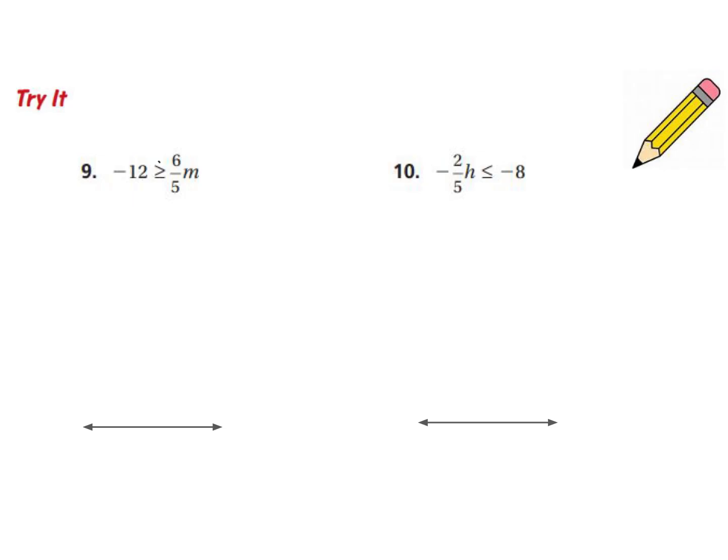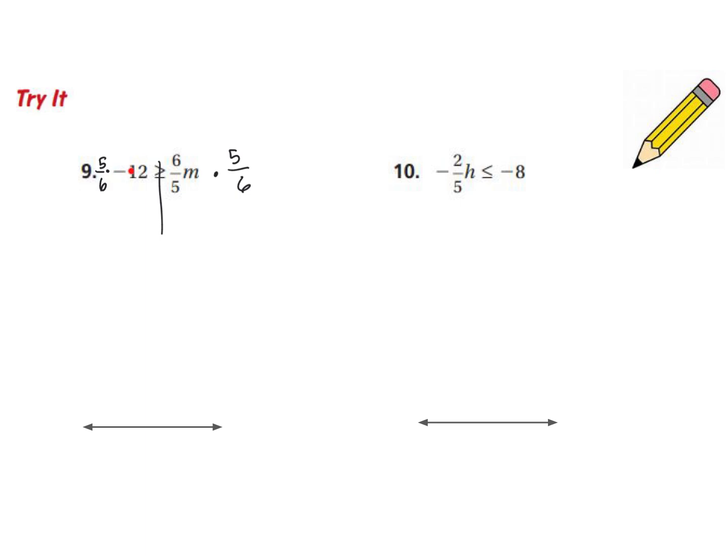For the first one, 6/5 times m, right? To get rid of this, I'm going to multiply it by the reciprocal, which is 5/6. And over here, I'm going to make this 5/6. Now, it's a little bit of a trick. There is no negative attached here.